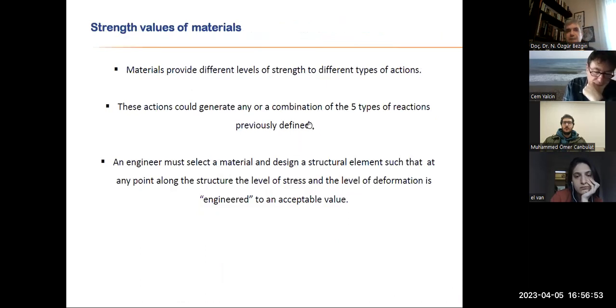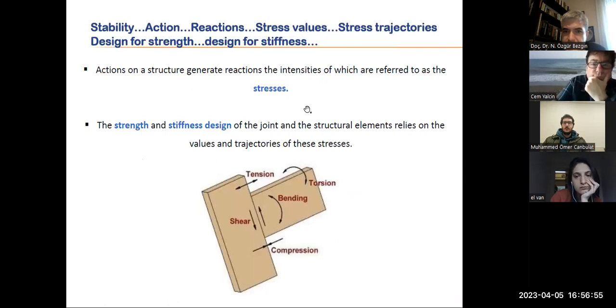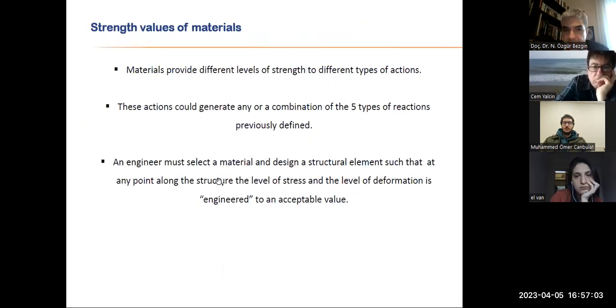So the strength values of materials, of course, the geometry and the strength. What makes the structure is a mixture of the material qualities and the geometric properties. And as an engineer, we select our material and design a structural element such that at any point along the structure, the level of stress and the level of deformation is engineered to an acceptable value.